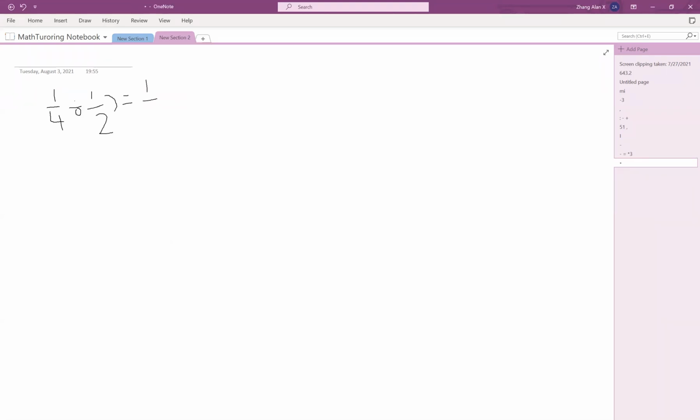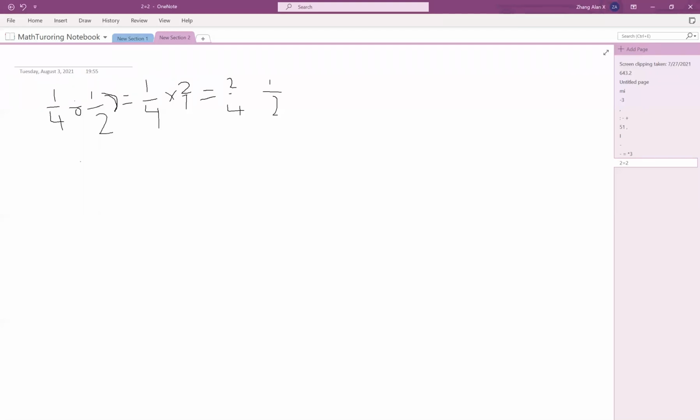So then you get 1/4 times 2/1. Now you can multiply because you flip the fractions. Then it equals 2/4 or 1/2.